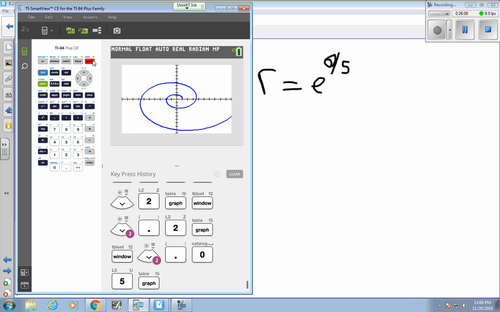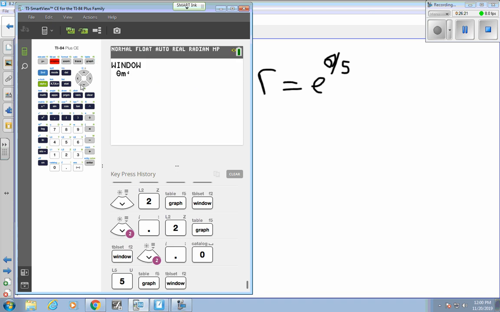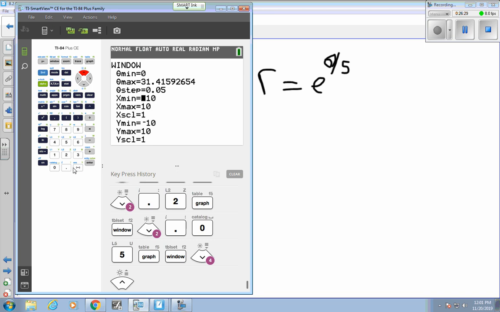So the theta step can drastically change your graph if you have a bad theta step. Keep it small, definitely into the decimals, tenths or hundredths. But you see how that graph goes off pretty quickly so I can't really see it. So then adjust your x and y. Maybe make your x min negative 10. Maybe x max, or actually no, they both have to be bigger. Maybe I'll make this negative 40.